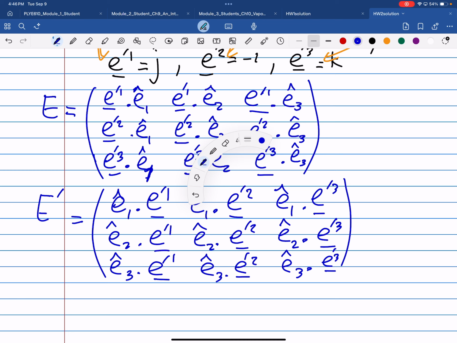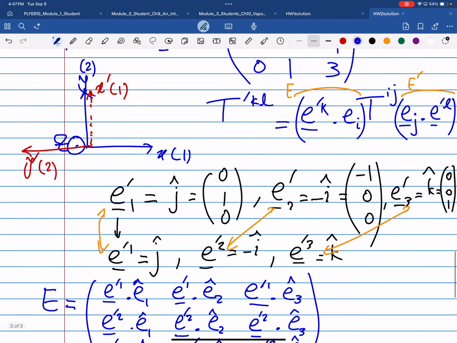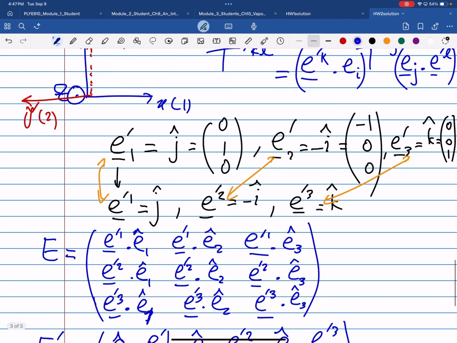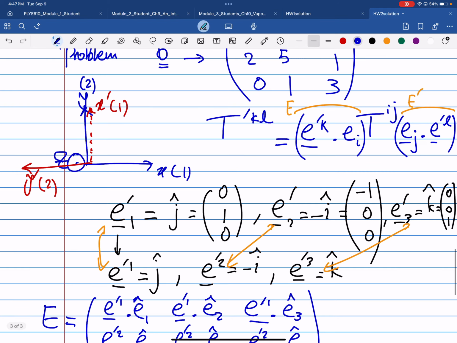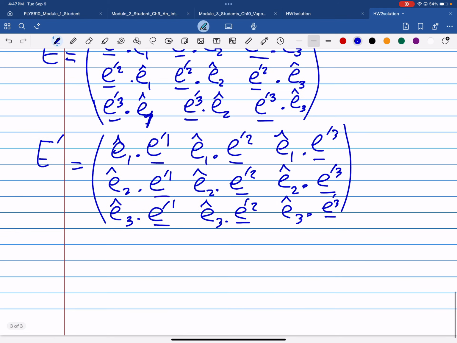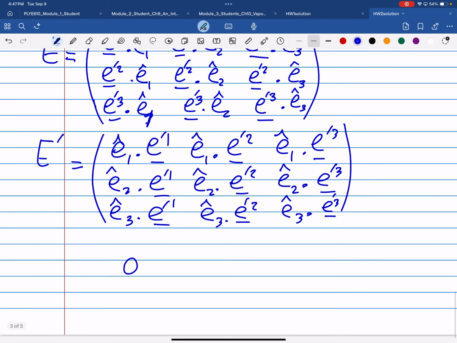Unfortunately, I don't have the final answer for it. So I will do the calculations and add it over there. Basically, you need to do 2 matrix multiplications to get that representation. If I want to show it, sigma prime is going to be E sigma E transpose.